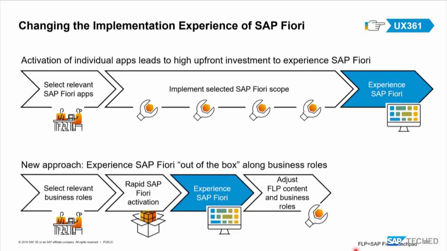We recommend to start with selecting business roles and then do the rapid activation of the business roles. This helps you to get Fiori up and running very quickly in a sandbox system. And based on this running system, you can do a fit gap analysis and then start to adapt to your needs.